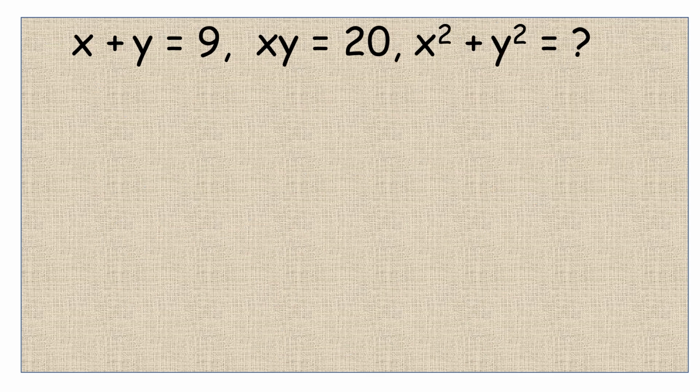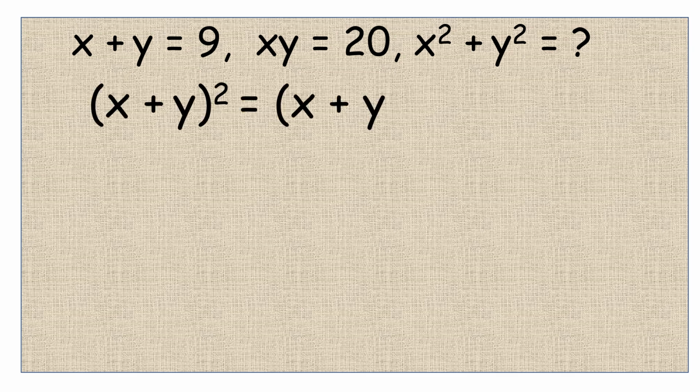I'd just like to do a quick further explanation on equation 1, how equation 1 was obtained. Remember that x plus y all squared is the same as what? X plus y into the bracket x plus y, because you're multiplying it twice. And that's why on the left-hand side, you are saying x plus y squared.